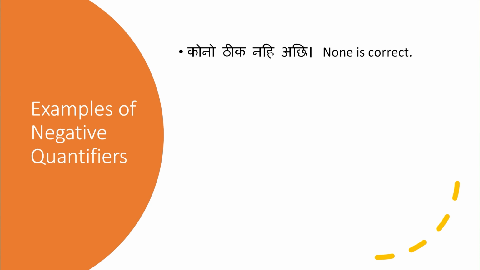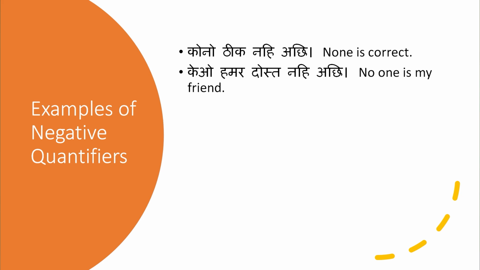Kono theek nahi ach. That is, none or no one is correct. Kyo hamar dost nahi ach. No one is my friend. Now, here in the first one you saw kono is the demonstrative pronoun showing any, and kyo is another indefinite pronoun showing any, but kyo basically refers to people.